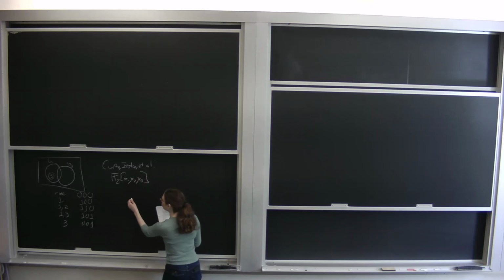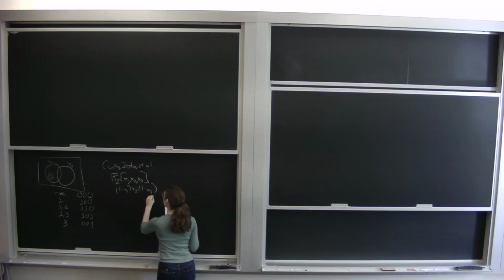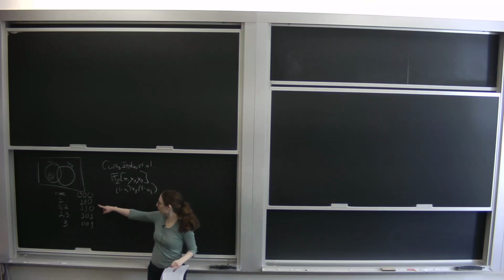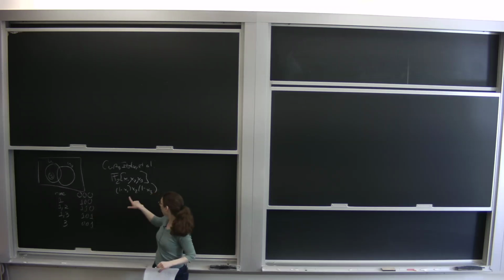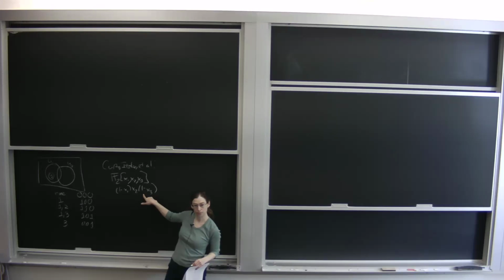One thing that'll vanish would be (1 - x1) x2 (1 - x3). And this will vanish any place that x1 is 1, either x2 is 0 or x3 is 1.